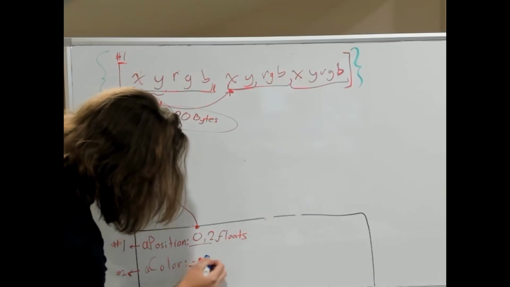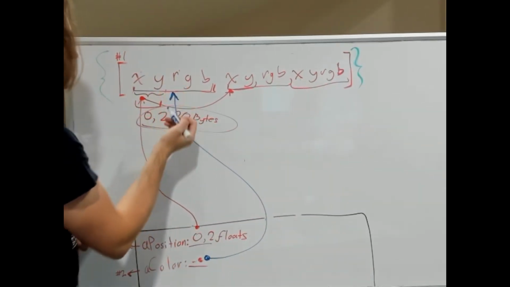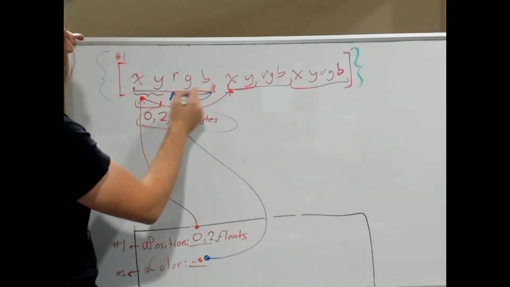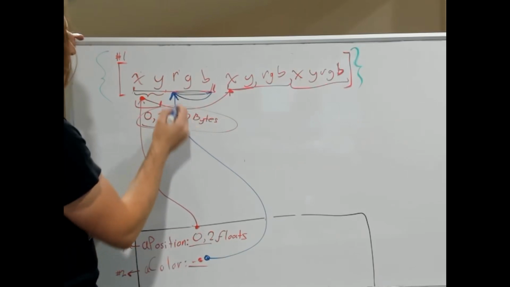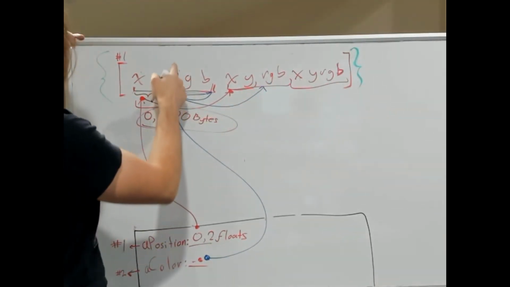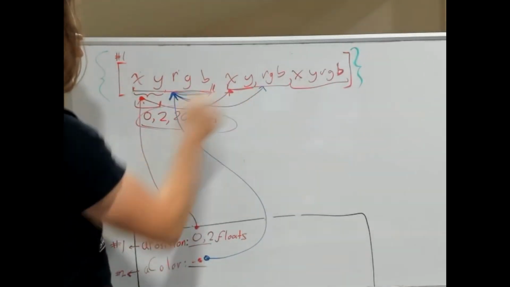A color needs to point here at this R. It needs to be 3 floats wide, and its stride needs to be, again, to the next R, which you'll notice is again 1, 2, 3, 4, 5, again 20.